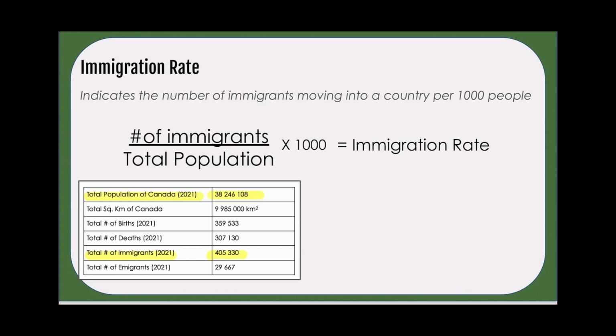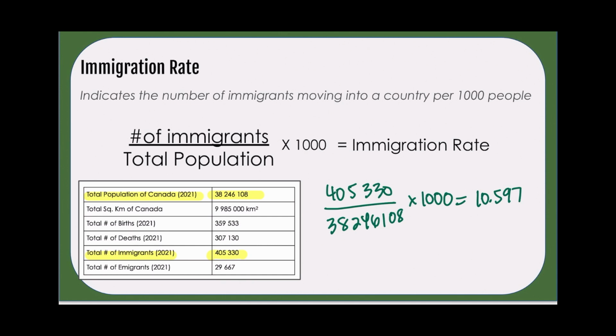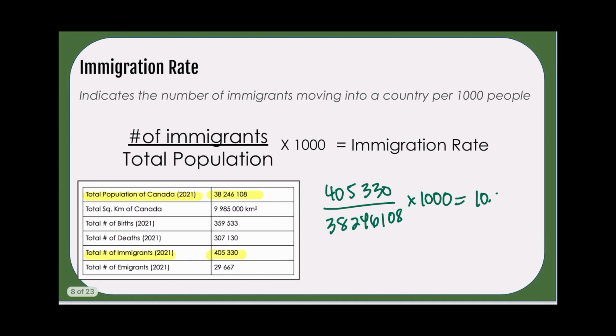So our total number of immigrants is 405,330 divided by our population of Canada. And we're going to times that by 1,000 to get our immigration rate. And that's going to give us a rate of 10.597. So of course, we're going to need to round that up. And so that's going to give us an immigration rate of 10.6.